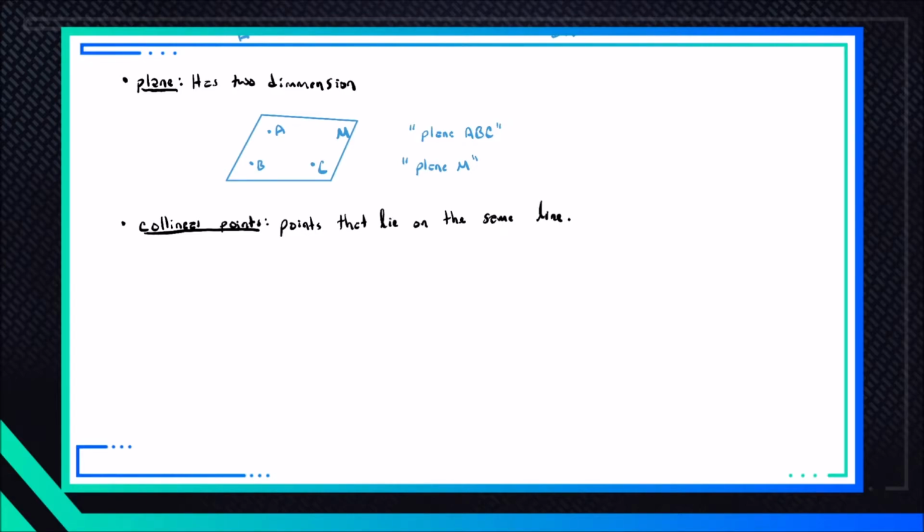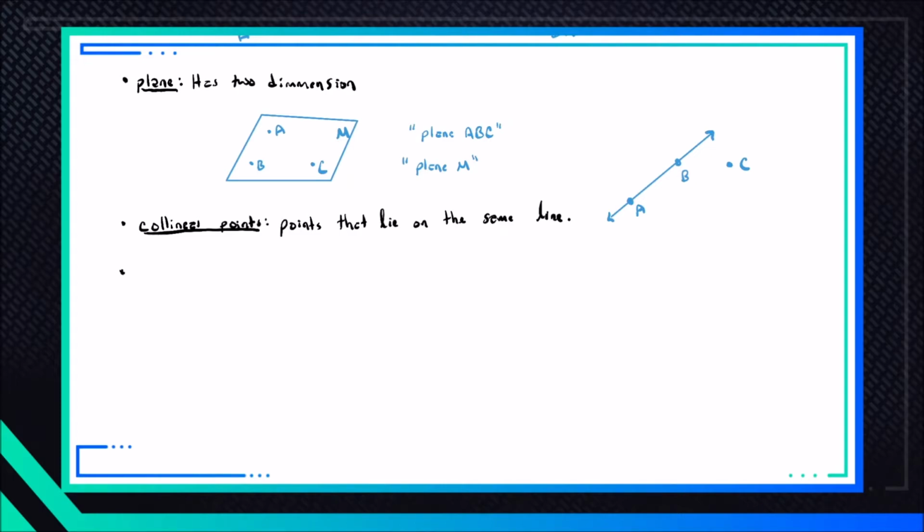So if we go ahead and draw a line over here and put the points A and B right here, we would say that A and B are collinear. But if we have a point C floating over here, notice that A, B, and C are not collinear. They're not on the same line.